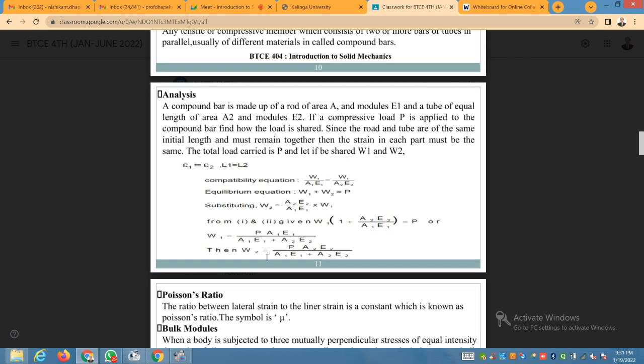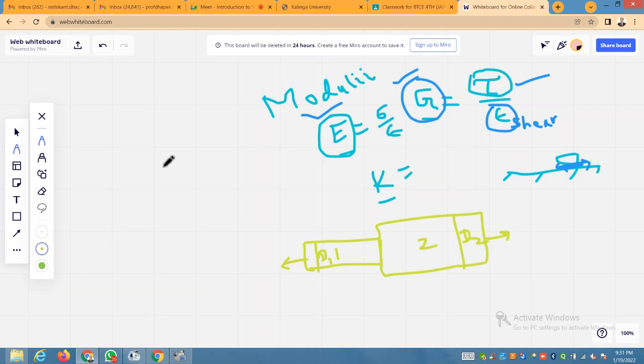So in compatibility equation, W1 upon A1 E1. Now what happens? E, that is the modulus of elasticity, as it is made up of two different metals, suppose the modulus of elasticity will also be different. So this is E1 and this is E2.